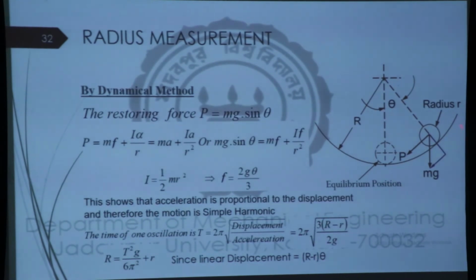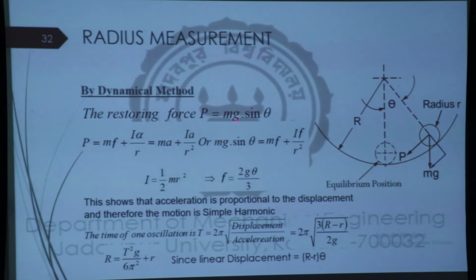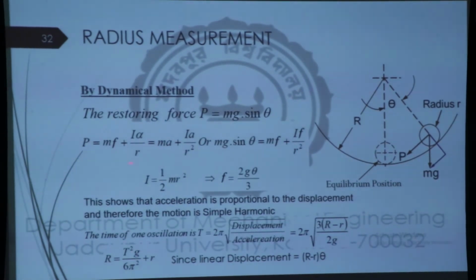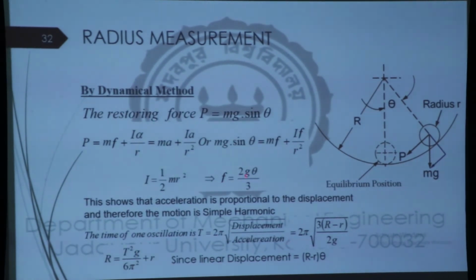If you apply the knowledge of your engineering mechanics, the restoring force is P, because mg is this one, this is theta, also this is theta, mg sin theta, this is mg cos theta, and mg sin theta is the P force. Now, if you apply P equal to mf for the linear motion, and also it has some rotational motion, that is why it is I alpha by R. From this you can find out that supposing this f is 2g theta by g.